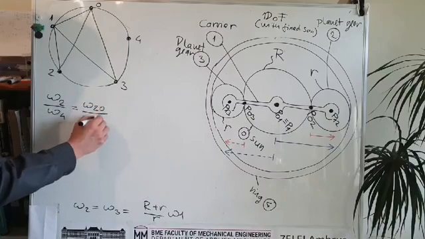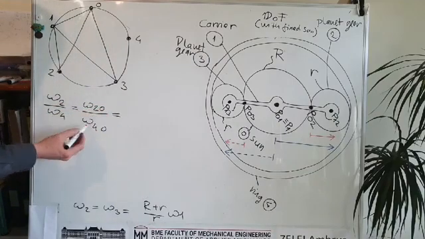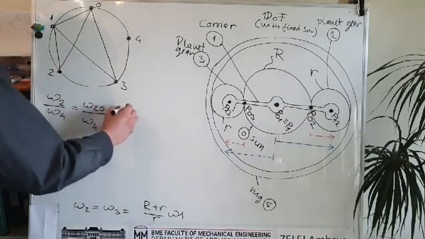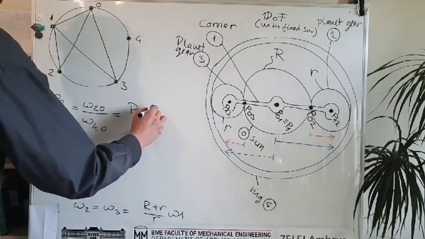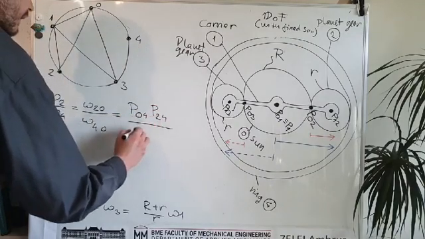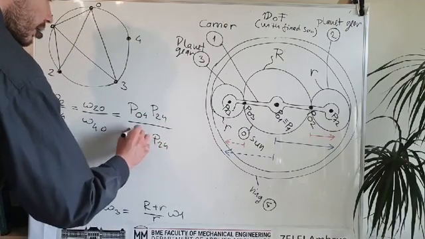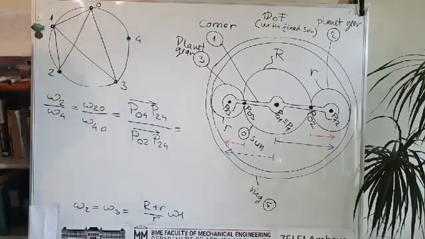But as we said, this is equal to the relative angular speed relative to the ground, and it means that the formula should be P04 P24 over P02 P24.